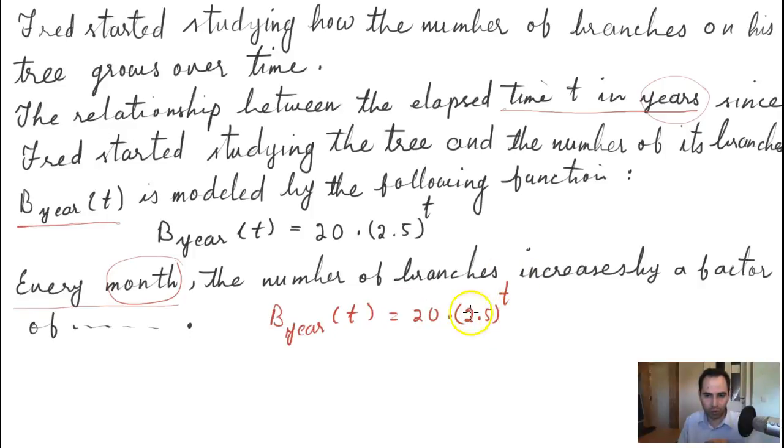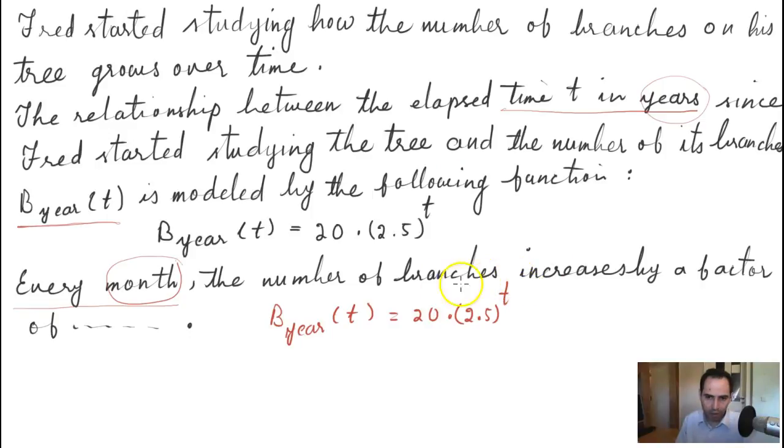When t is equal to 2, the number of branches becomes 20 times 2.5 times 2.5. So over time, as you increment your t, your b of year of t is being multiplied by 2.5, again another 2.5, again another 2.5, and so on and so forth.